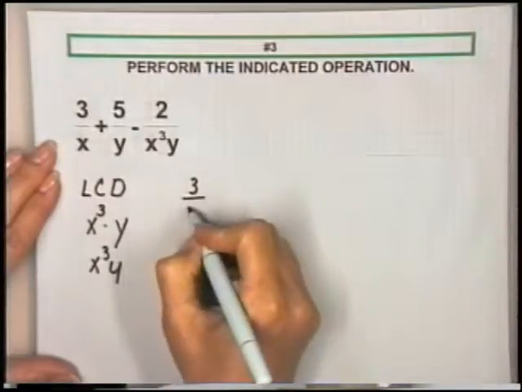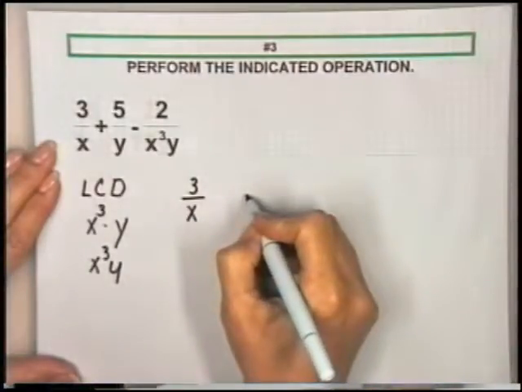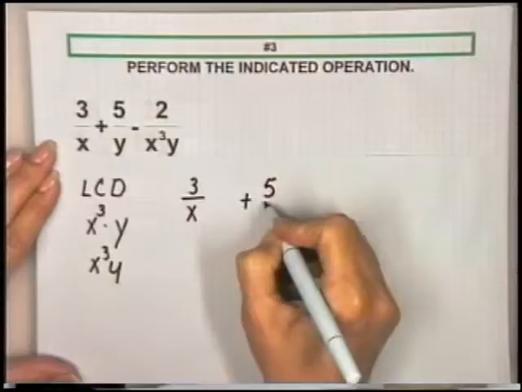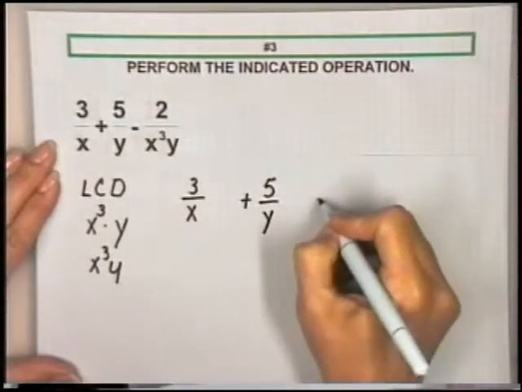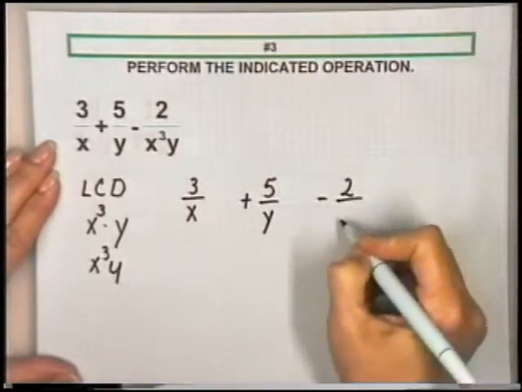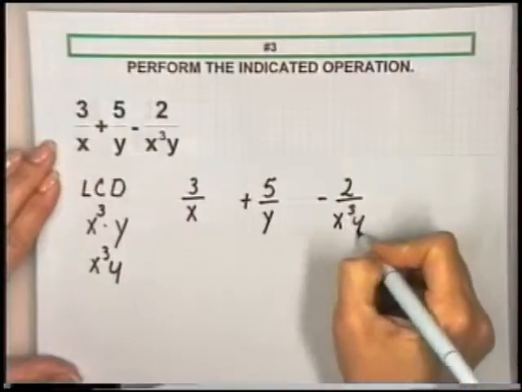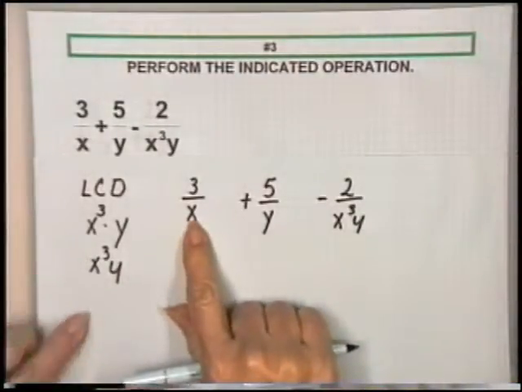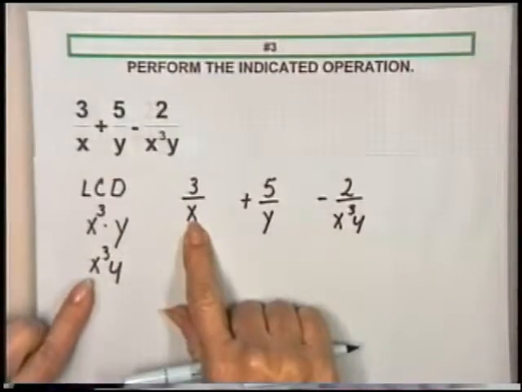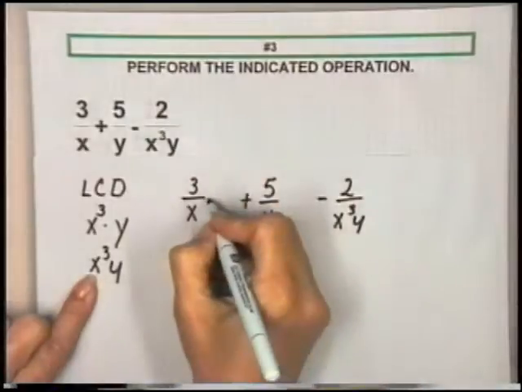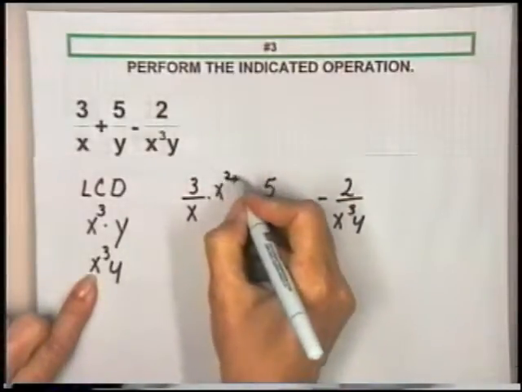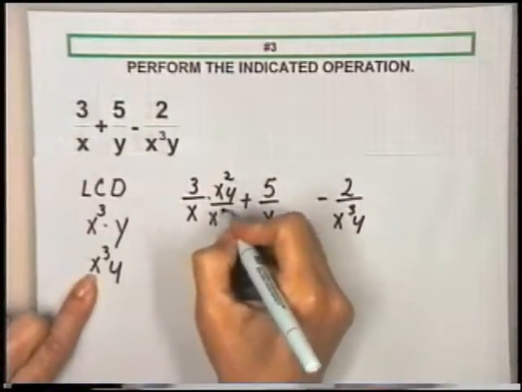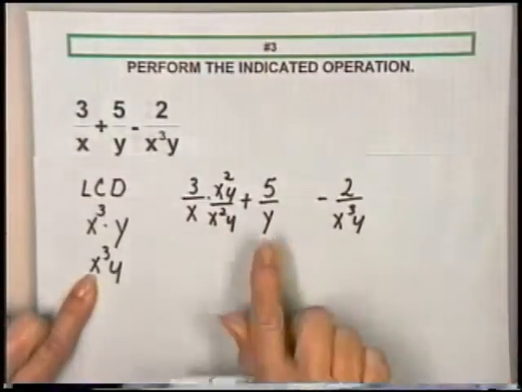I now need to multiply each fraction by the needed factor so that the denominators are equal to the LCD. For the x, I need to multiply x by x squared to get the x cubed, and I also need a y, so I will multiply by x squared times y over x squared times y.